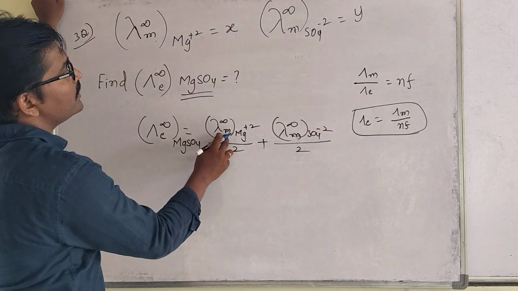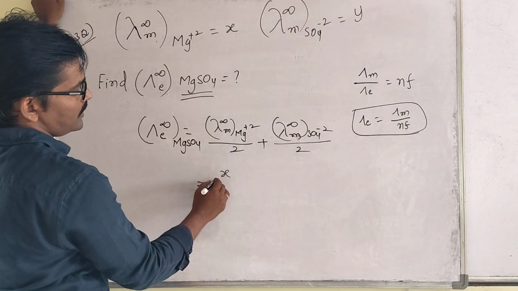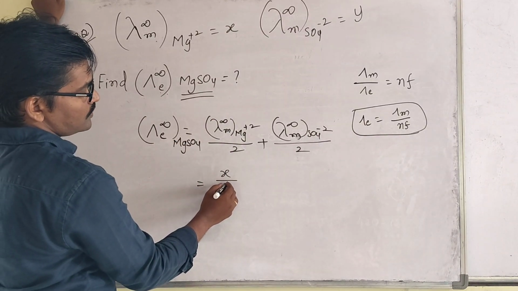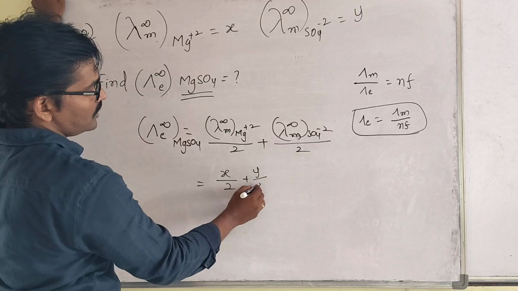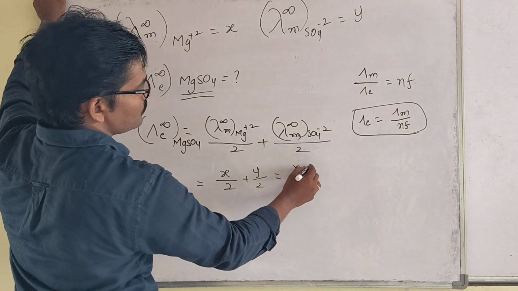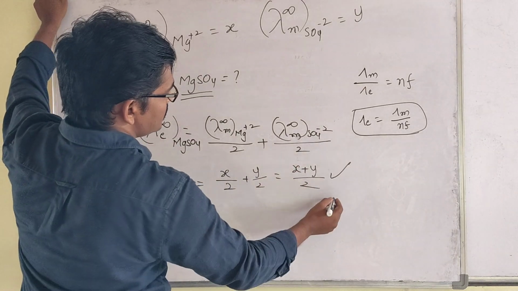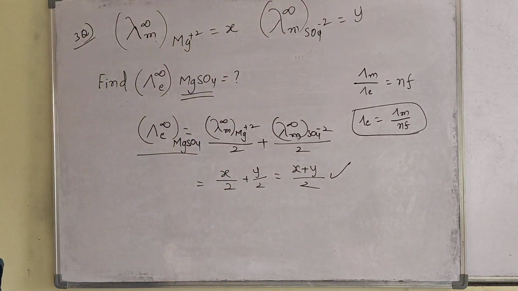So above, the value X is there: X by 2 plus Y by 2, you can take it as (X plus Y) by 2. So this is the answer for this.